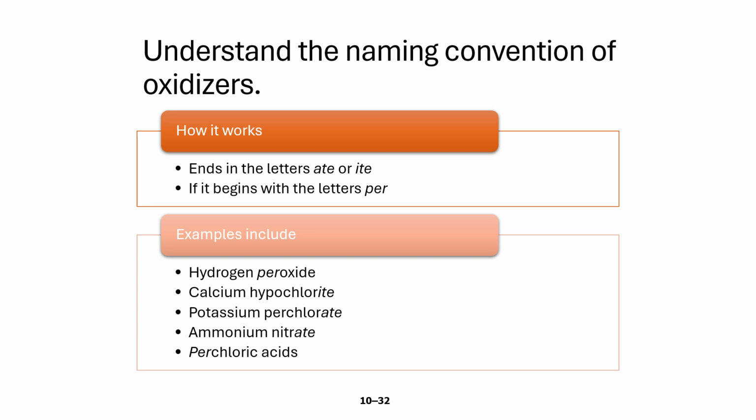Examples of oxidizers: hydrogen peroxide, calcium hypochlorite, potassium perchlorate, ammonium nitrate, and perchloric acids. That should give you an idea, or you should start thinking about them as being oxidizers.